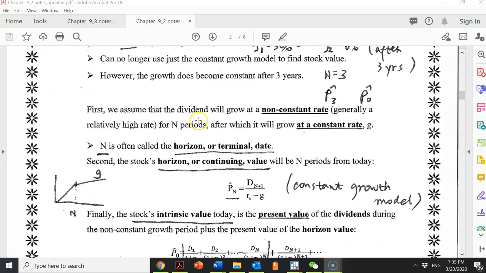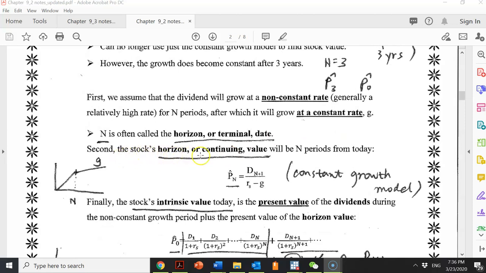First, we assume that the dividend will grow at a non-constant rate, generally a relatively high rate for n periods, after which it will grow at a constant rate G. So this dividing date n is called horizon date or terminal date. After this date, we have a constant growth rate. Before this date, we do not.